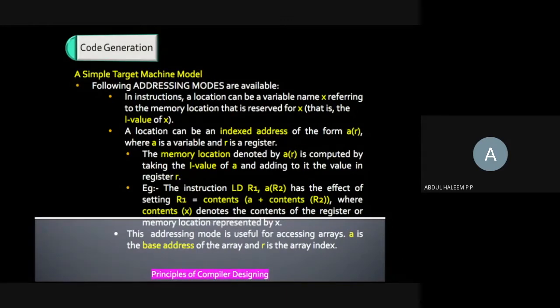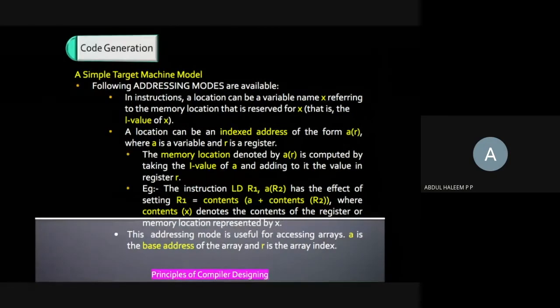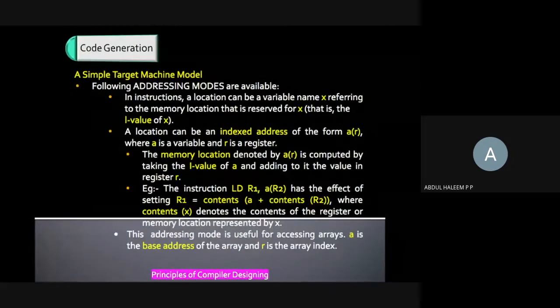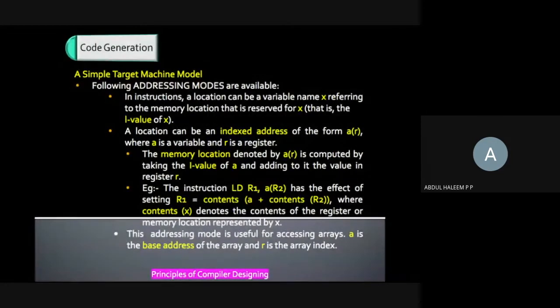We also have a set of primary memory locations allocated for this program. Registers are named R0, R1, R2, R3 and so on.